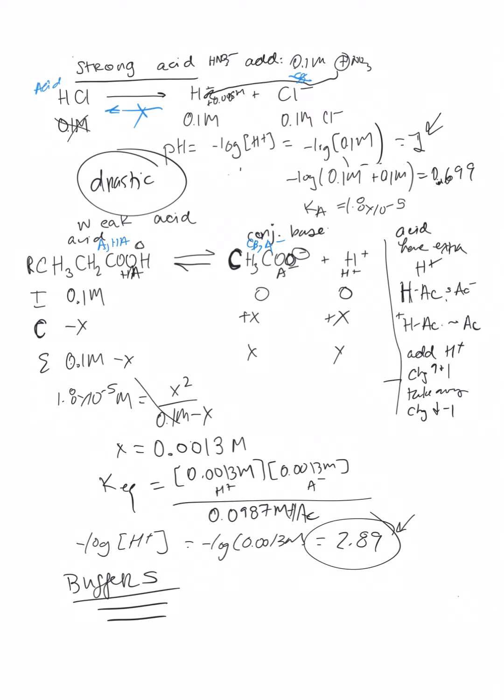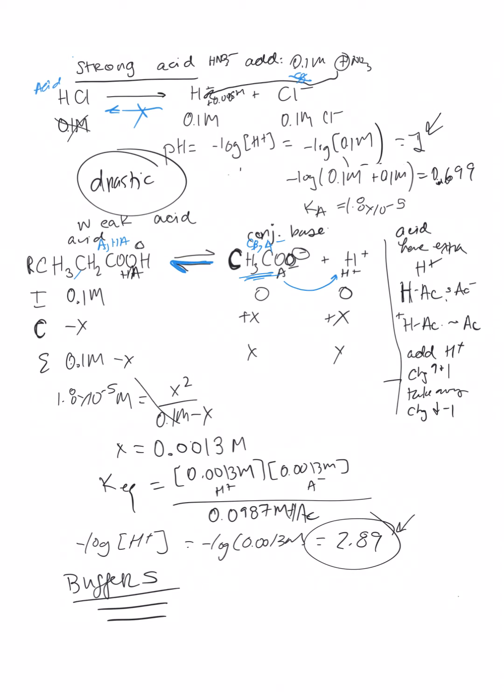Weak acids, however, their conjugate bases actually do their job. And so for every acetic acid, HA over here, that gives up its proton, you're going to have a certain amount of this conjugate base re-scooping that H plus back up and then becoming the protonated version of the acid.